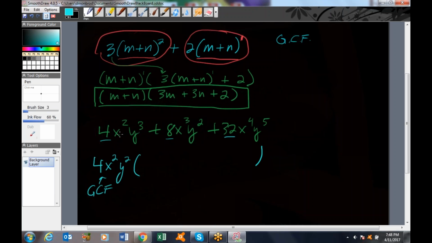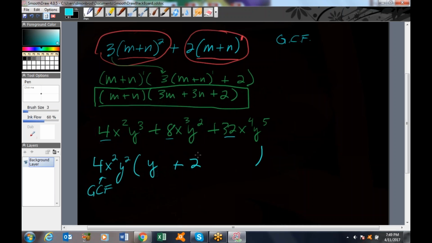Now if you're going to divide this out, essentially you're going to try to make these products so that the exponents add up. Pull the 4 and an x squared and a y cubed, so you're going to need one more y. That would make the y powers add up to 3. For the second term, you need a 2, since 2 times 4 is 8.